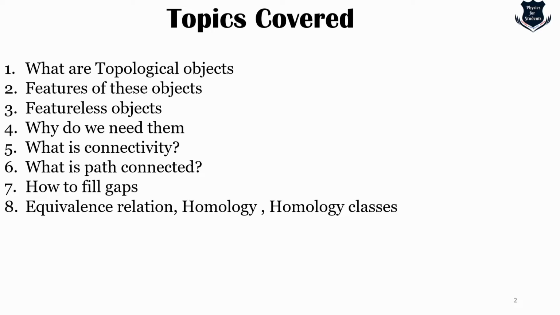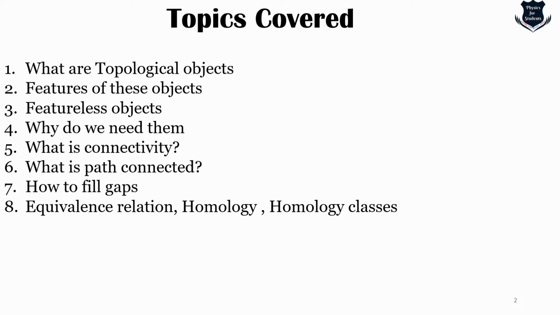What is called a path connected or a connected path, how to fill gaps, and what is called an equivalence relation, homology and homology classes. All these concepts are very fundamental and require no special mathematical skills, but mostly visualization and understanding of the concepts.